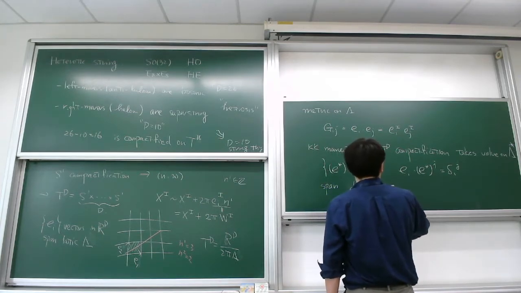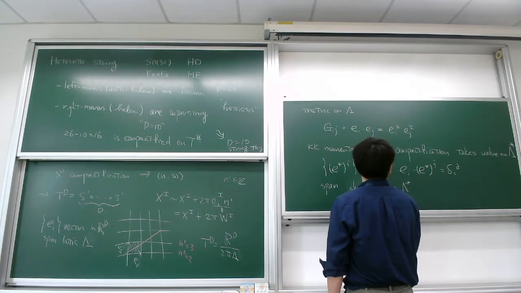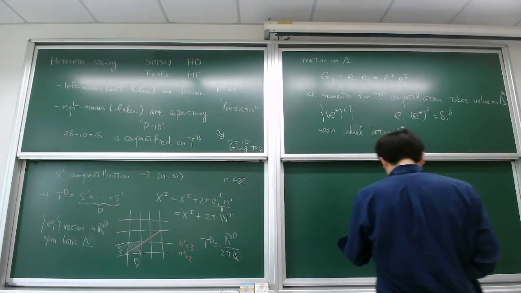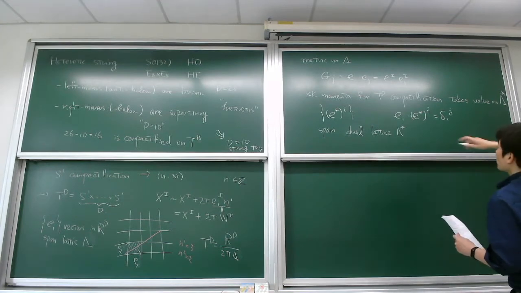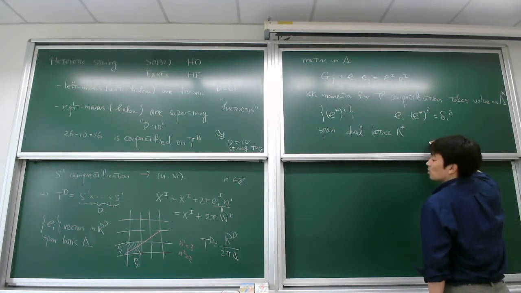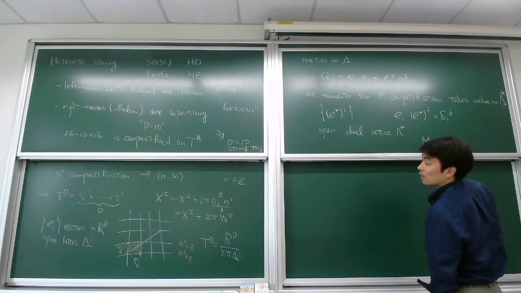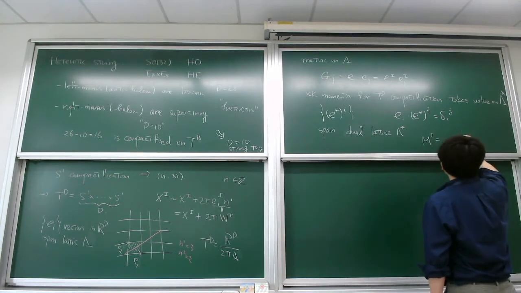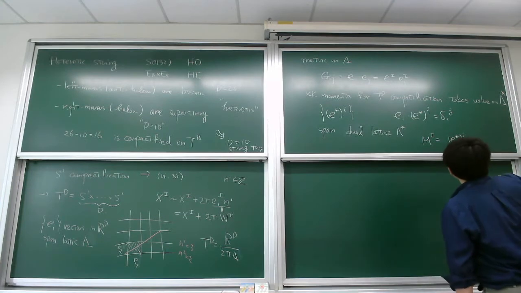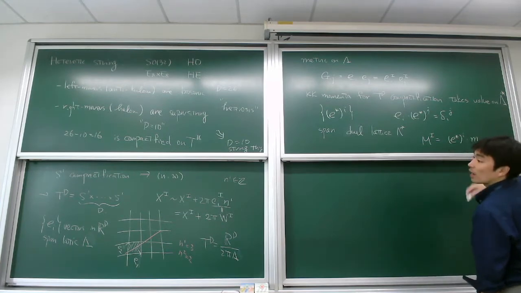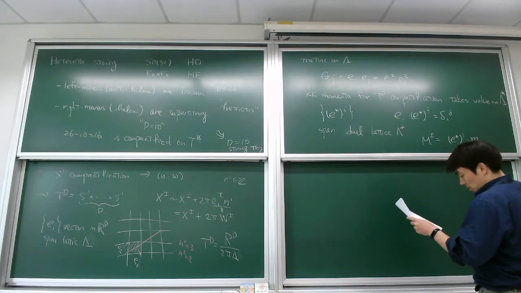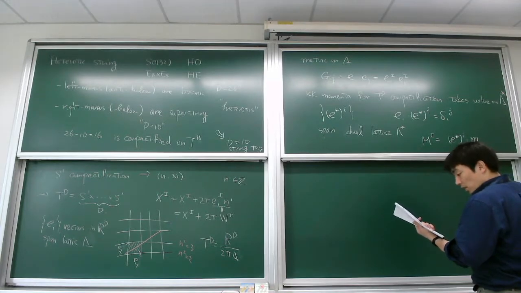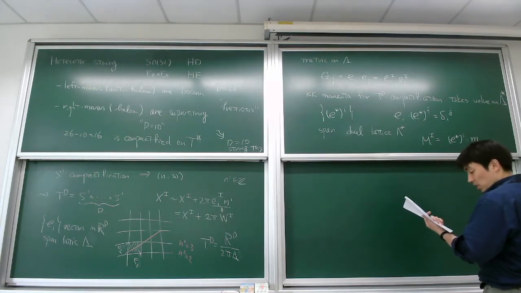And then the KK momenta take a value, in other words, let's go: the momentum can take the sum of e^*_i times m_i. Did I call it p_i or m_i?